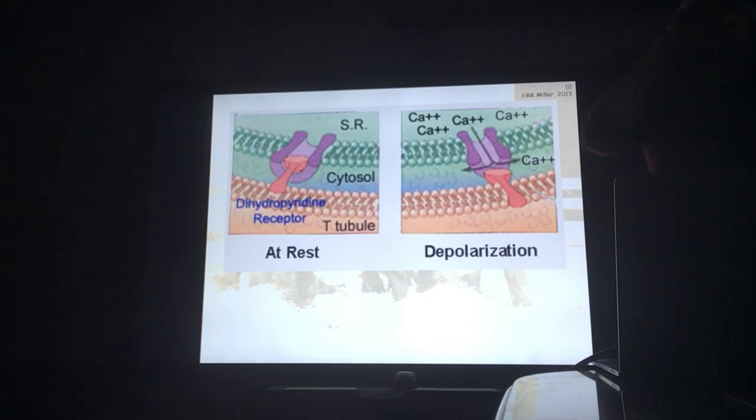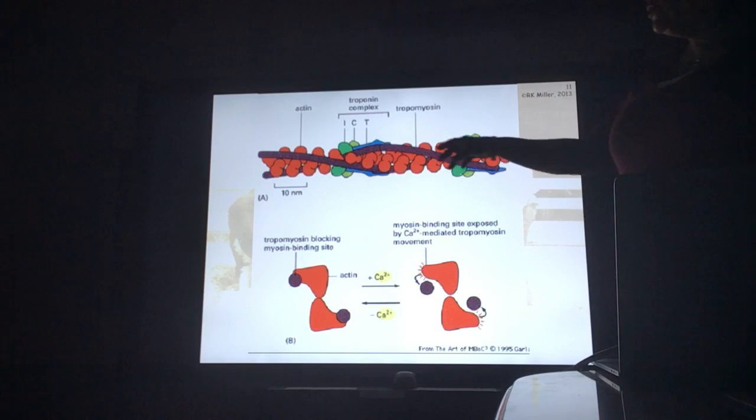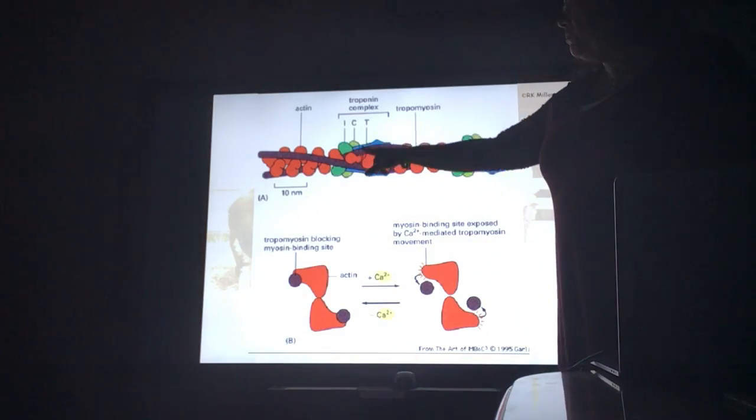So that 10 to the minus 7th low level of calcium in the sarcoplasm, all of a sudden that concentration starts to increase. Any calcium greater than 10 to the minus 7th, coming out of the sarcoplasmic reticulum, is going to bind to troponin.